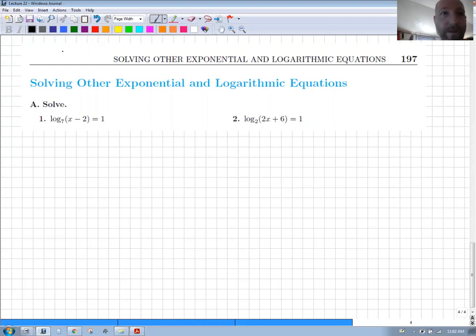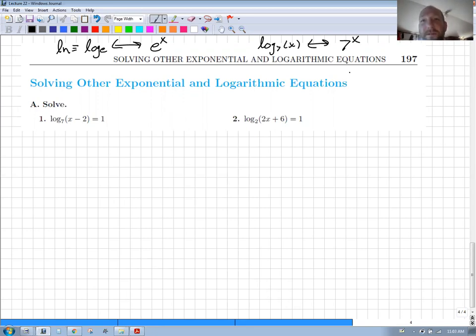So natural log, that's a log base e, is an inverse of e to the, right? So the same thing goes for these. If you have log base 7, the inverse of that would be 7 to the x.